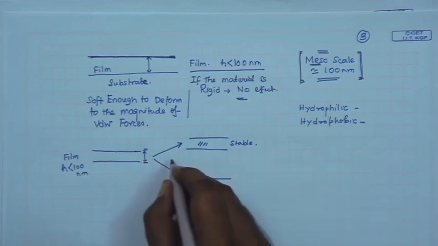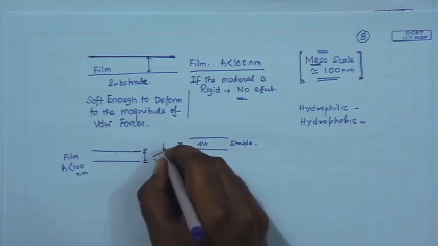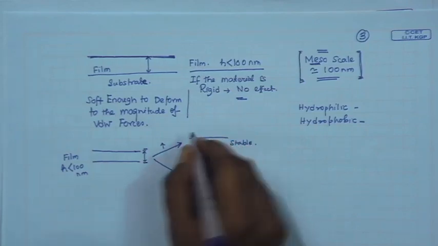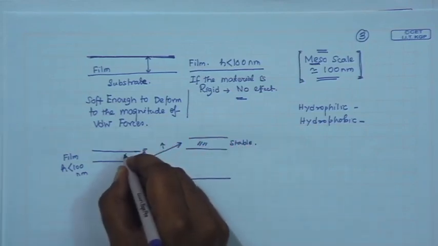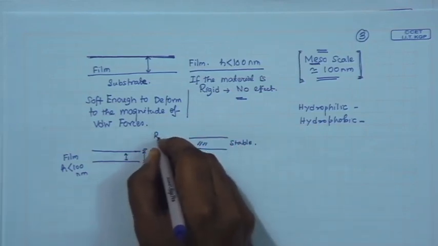Or, one can now add more detail to it, the net interaction between the two interfaces has to be repulsive.